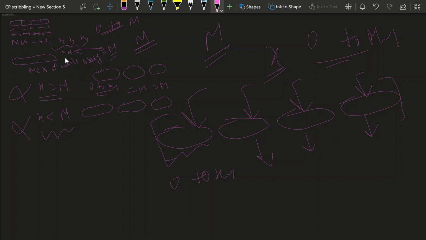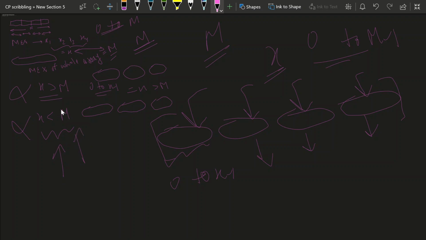But when you were finding the MEX of this whole array, you knew that the MEX is m, and m is greater than x, so that clearly means that x is present in the array, right? But for this condition to hold, you want x to not be present in the array, right? So one of them is saying that x is present and the other is saying that x is not present, so they are contradicting each other, right? So this case cannot occur.